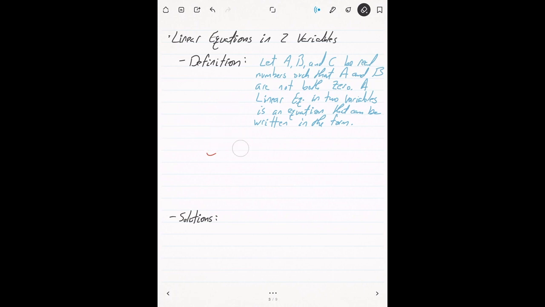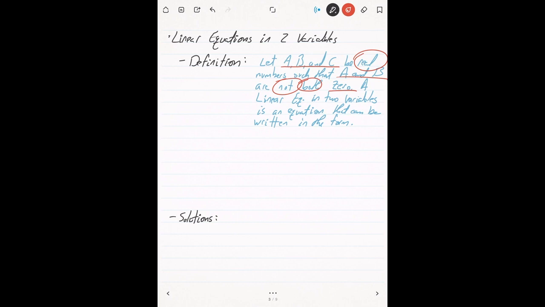So this is what a general linear equation in a single variable looked like. Now let's talk about it in two variables. Let a, b, and c be real numbers, such that a and b are not both 0.